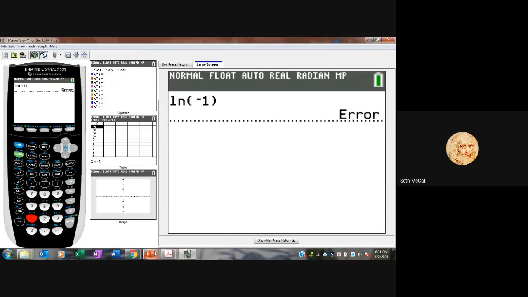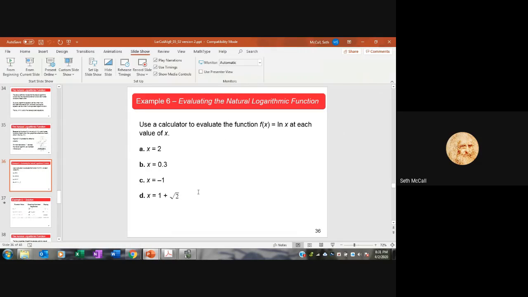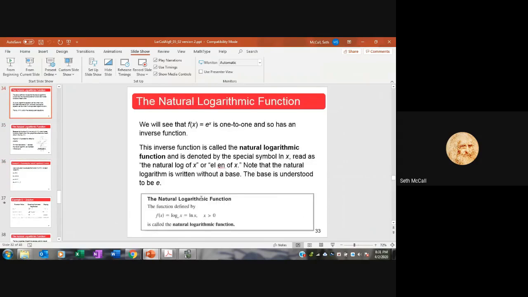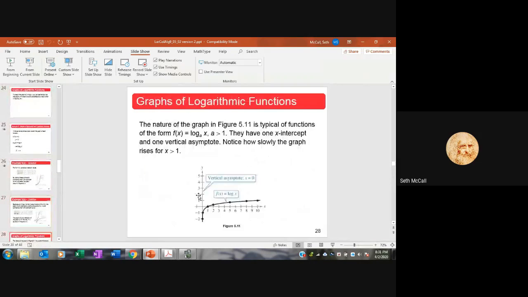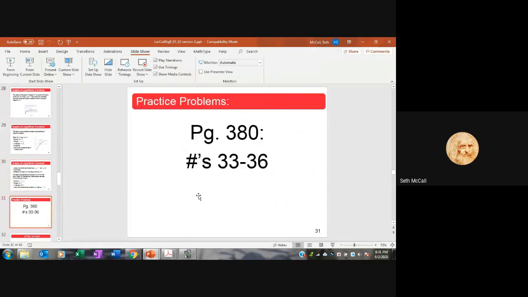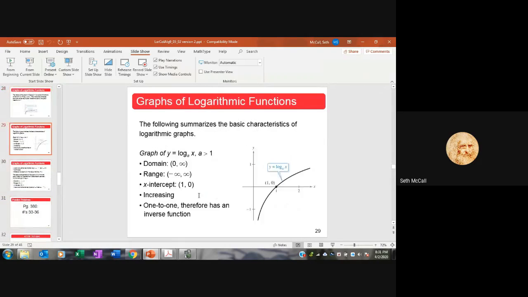And the reason we're getting an error comes all the way back to this page back here. If you look, we tried to take the natural log of a negative number. This is the graph of log of x, very similar to the graph of natural log of x.